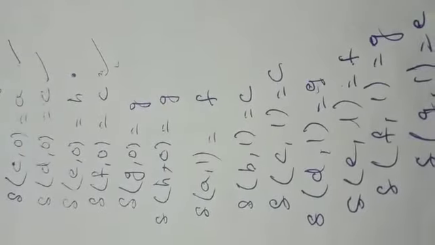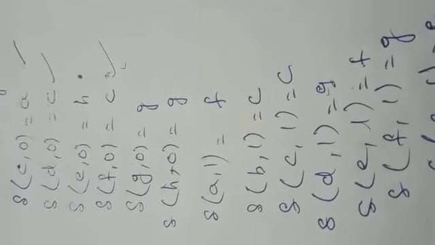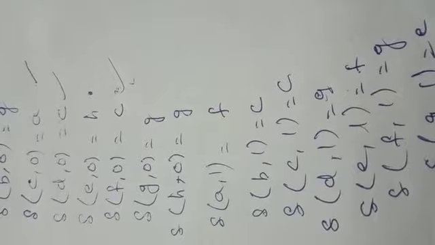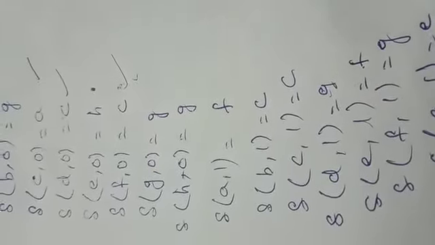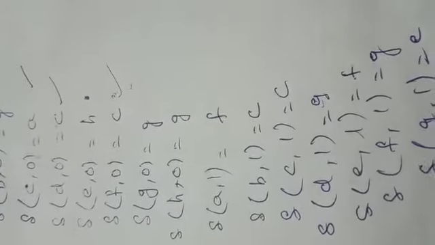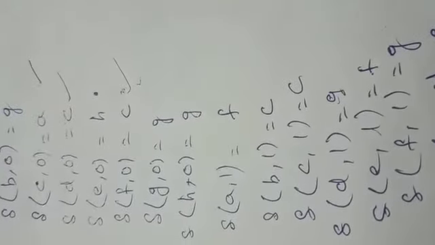Now we will see FC. FC means we are getting del of E comma 1 is F, del of C comma 1 is C. Now if FC has an entry, then EC also has an entry. It already has.